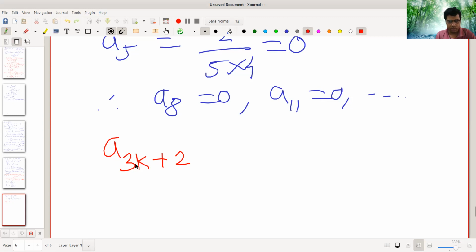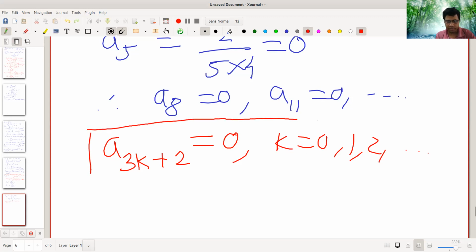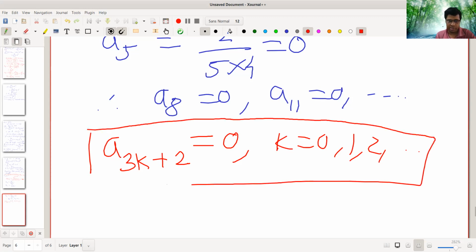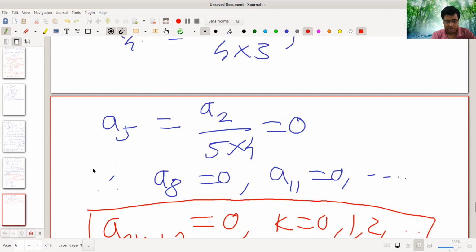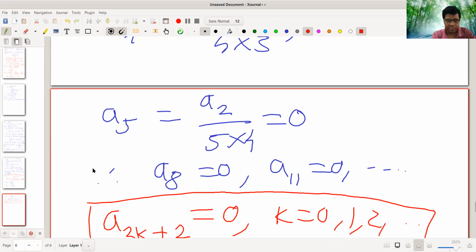When k is 2, it is 3 into 2, that is 6 plus 2, 8. Okay. When k is 3, it is 3 into 3, 9 plus 2, that is a11. Okay, equal to 0, k equal to 0, 1, 2, and so on. Okay. We get this important relation, that is a_(3k+2) equals 0 for k equal to 0, 1, 2, etc. Now we can find a6.